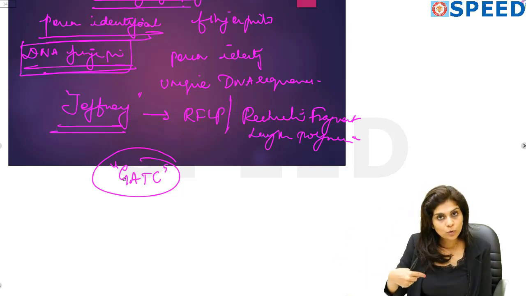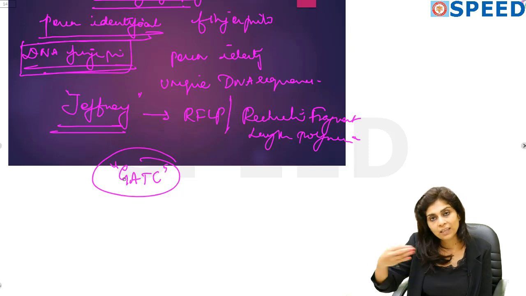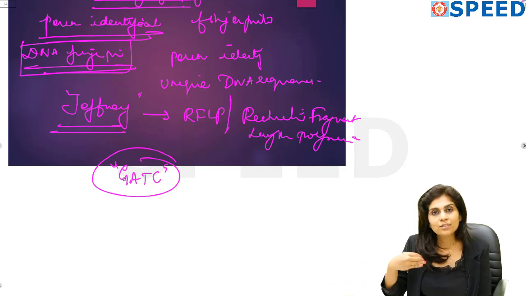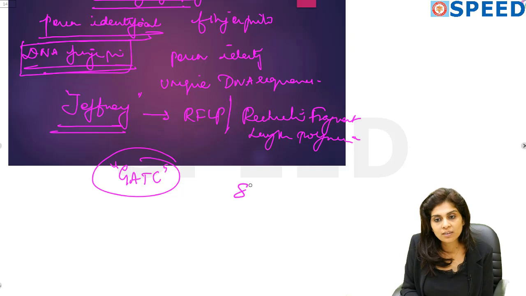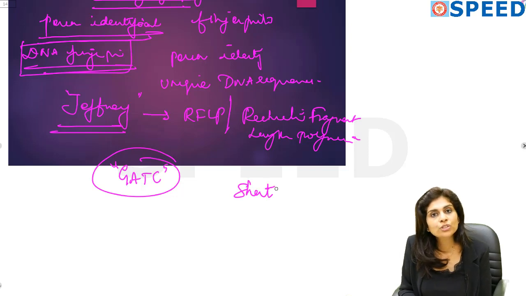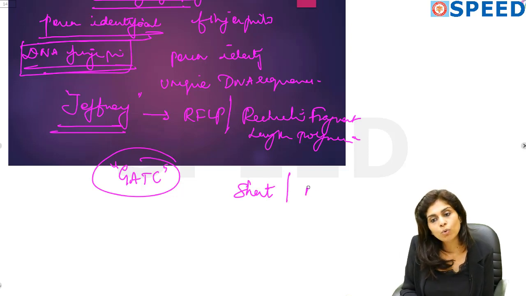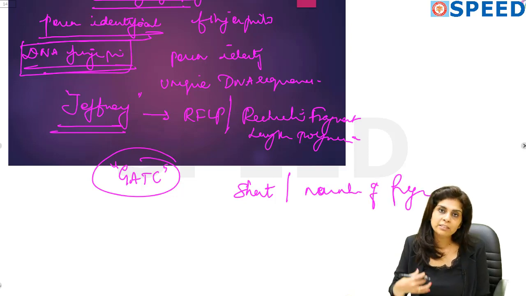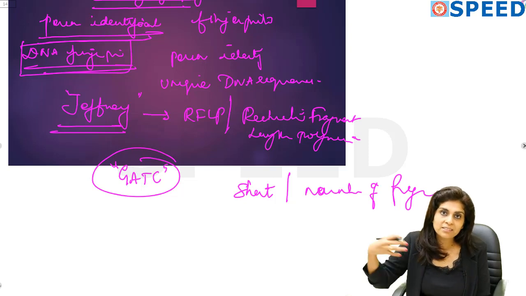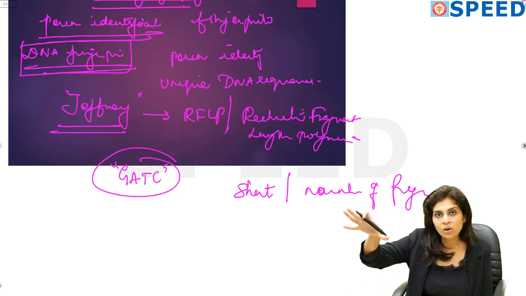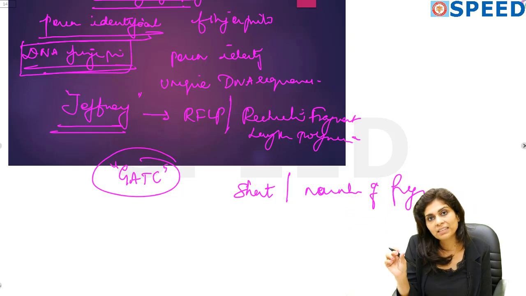In my genome, GATC is repeated frequently. So my restriction digest will be short. The fragments will be shorter and there will be more number of fragments. Whereas person B, the fragments will be longer and the number of fragments will be less.